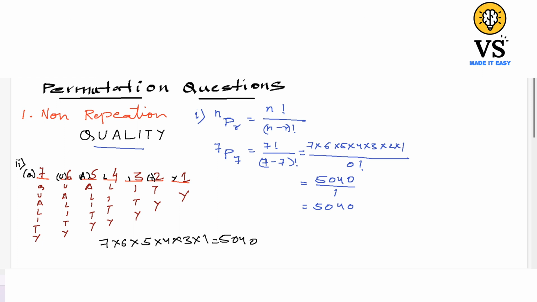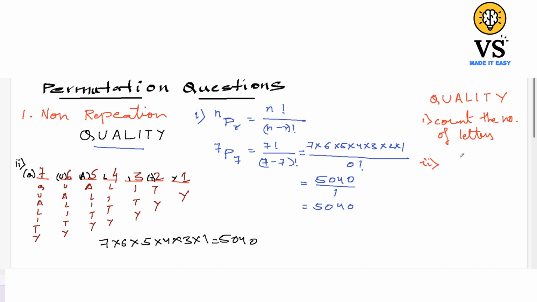Now, I'll give you one more method, one of the easiest methods for non-repetition letters. What is the word which is given to you? Quality, Q-U-A-L-I-T-Y. So my first step is to count the number of letters. How many letters do we have? 7.